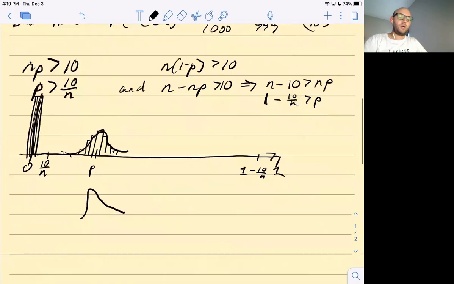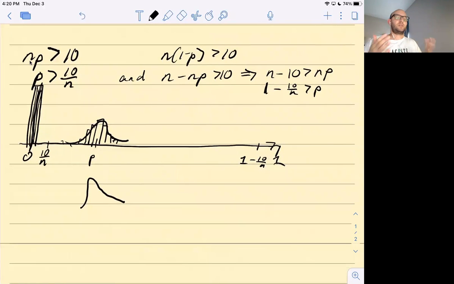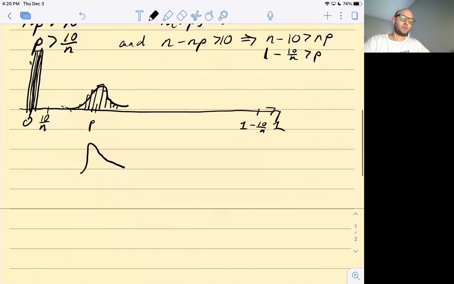So what increasing n does in terms of the central limit theorem is it actually makes the bell curve really, really, really skinny. So if you're talking about really, really rare events, you just got to make sure that you sample large enough so that even though the number of successes is low, your bell curve will have a really low standard deviation, so it'll be close to the endpoint, and it'll still be a reasonable approximation.